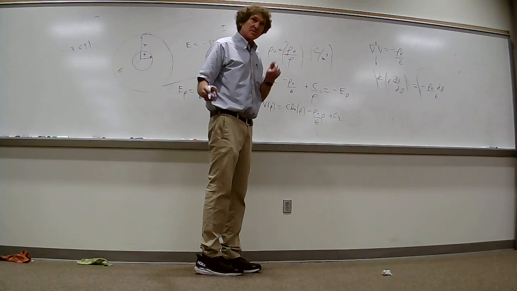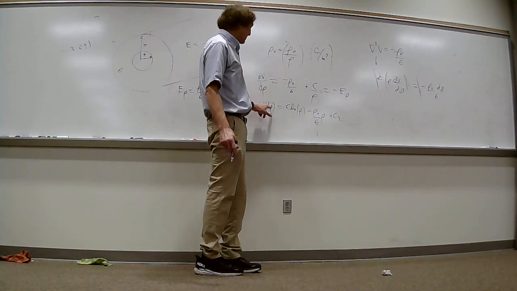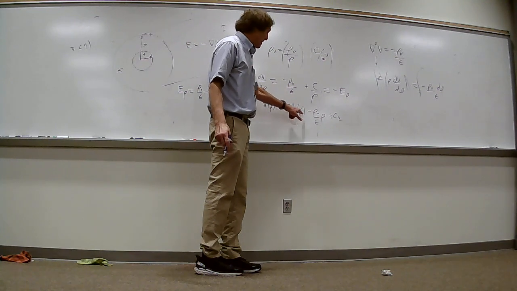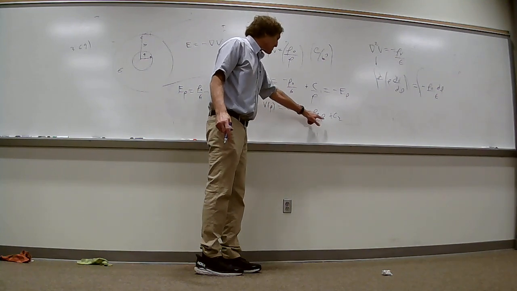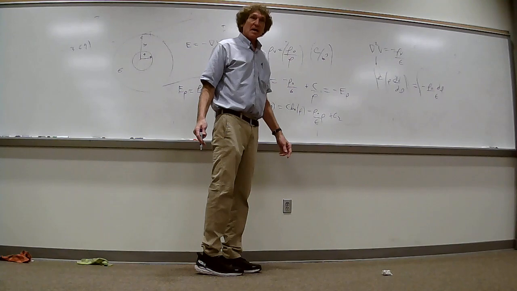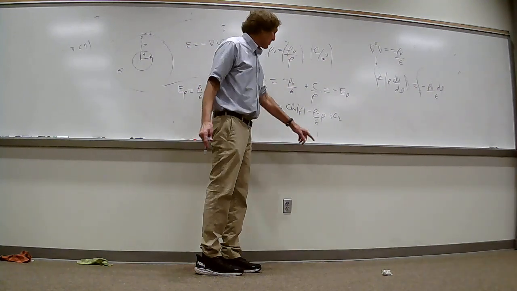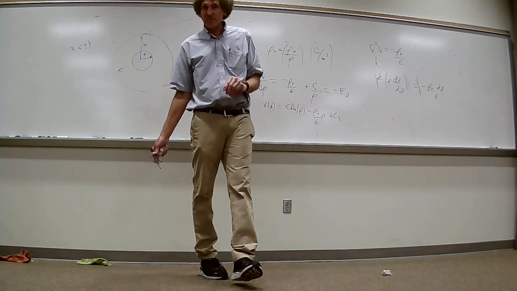That's the first equation. The second equation would be the same thing, only V of B is equal to C times log B minus rho naught over epsilon times B plus C2. You subtract the two, you get the voltage difference between the inner and outer, and this constant will die, and you will solve for the other constant.